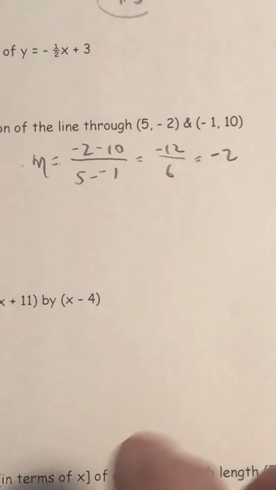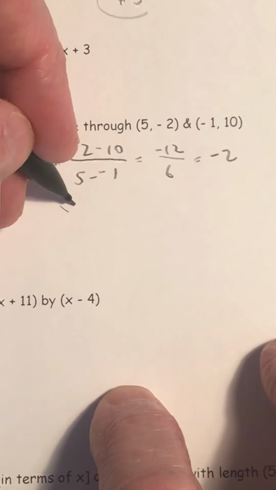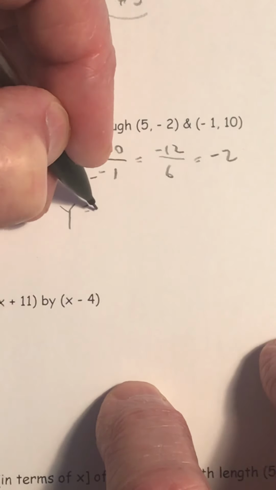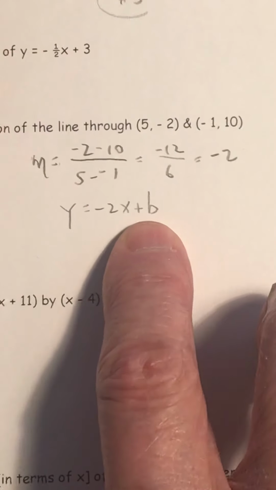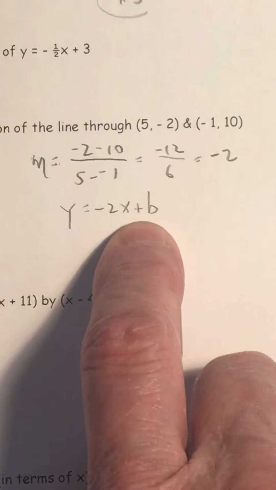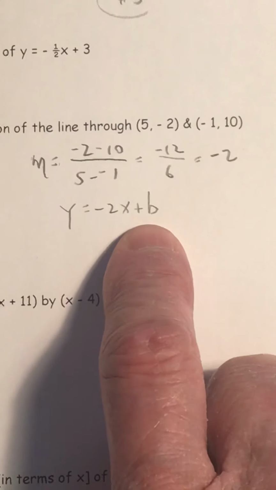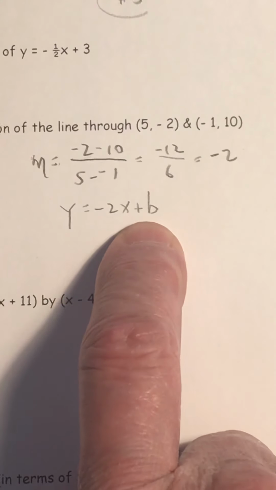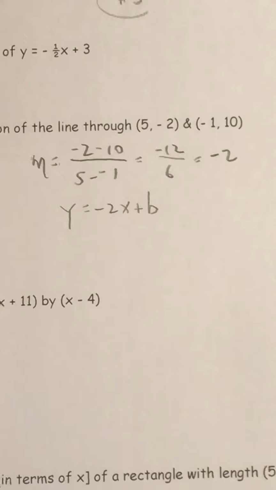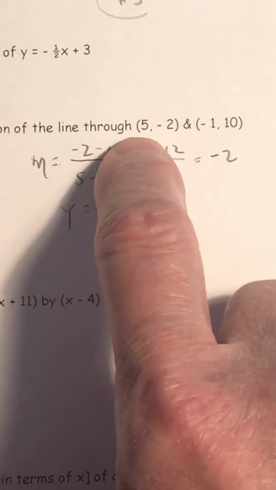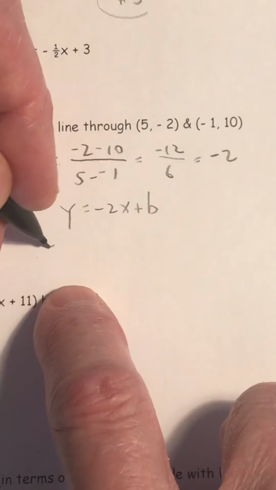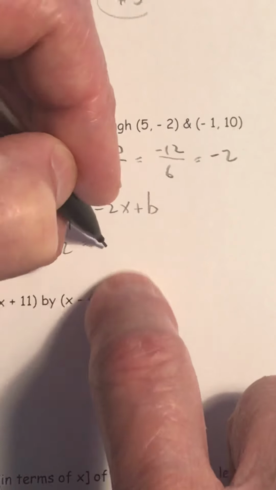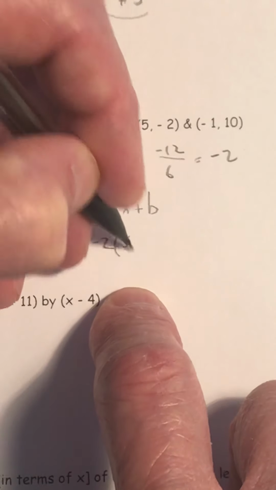And I can now write a partial credit answer, y equals negative 2x plus b. To get full credit, I need to solve for b and write the whole equation with the number there instead. So I'm going to use the first pair of numbers. The 5 is the x value, the negative 2 is the y value. So I put a negative 2 there, equals the slope negative 2 times 5 plus b.